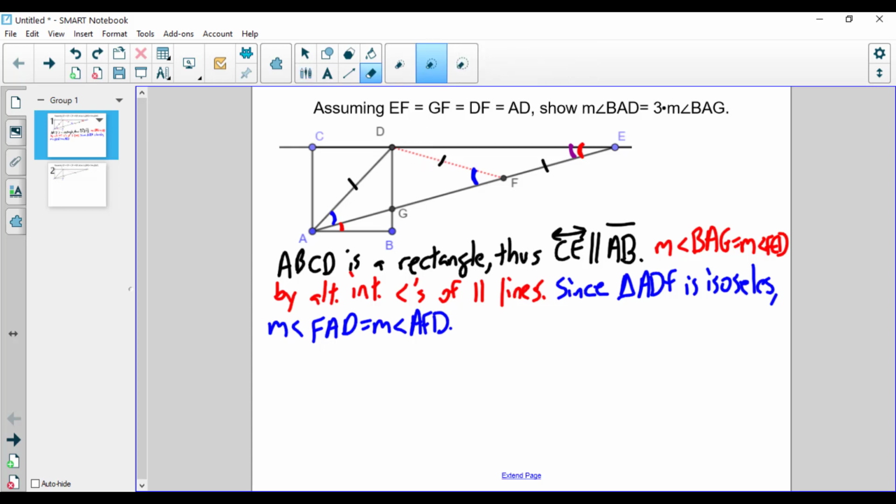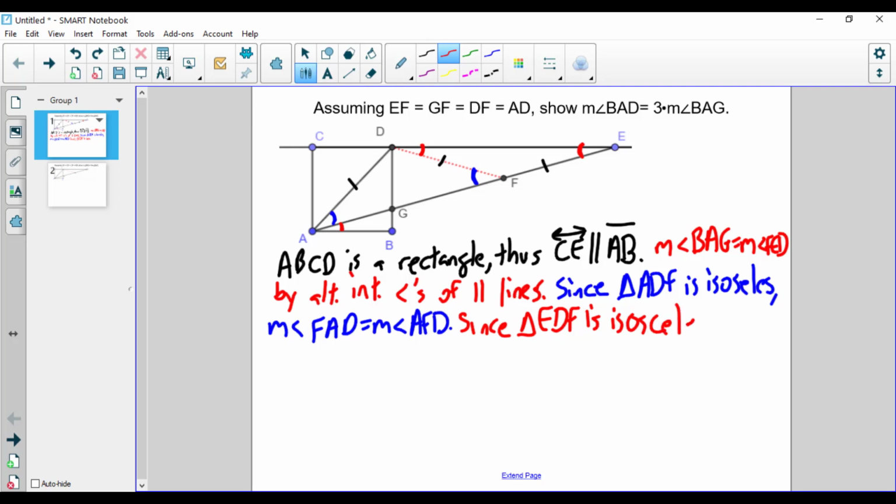So because it's an isosceles triangle, I could just put in here another red and say that since triangle EDF is isosceles, the measure of angle DEF equals the measure of angle FDE.